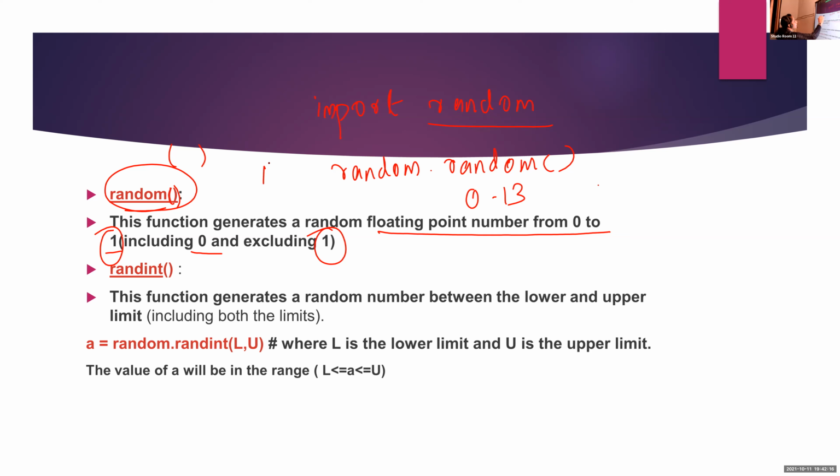Or we can write like this, print this one, or we can assign this value to a variable. It is also possible. And print that A. This is also possible.